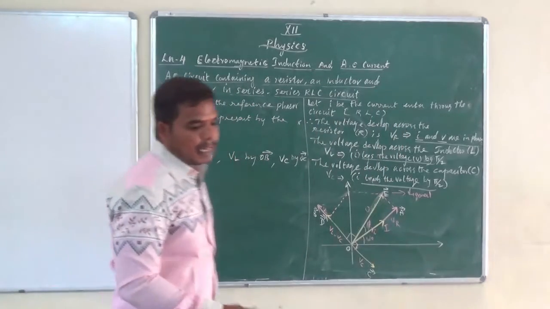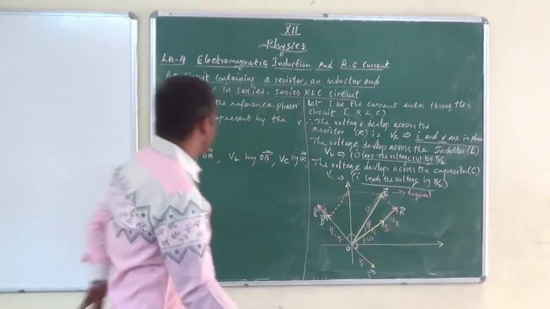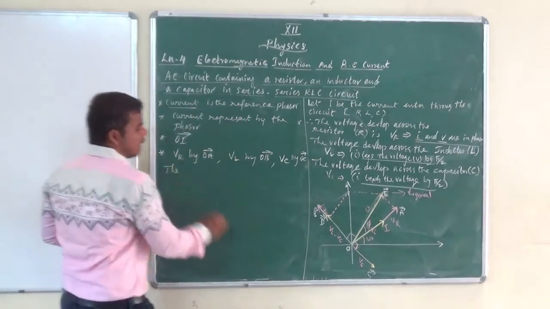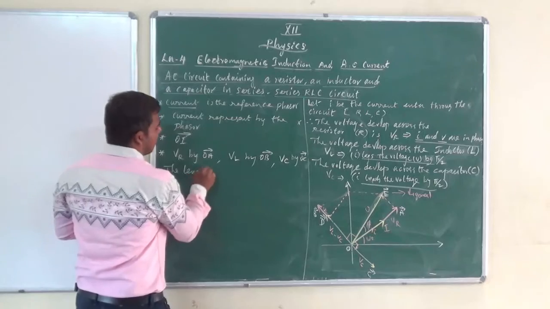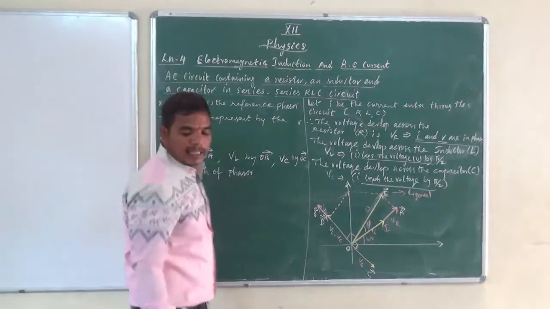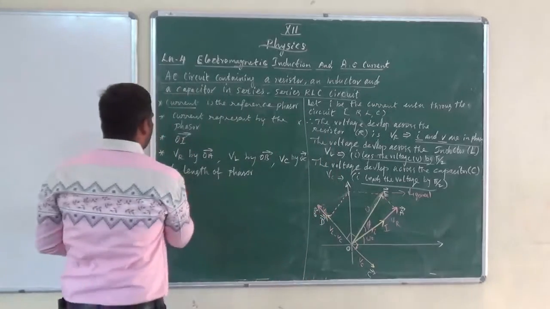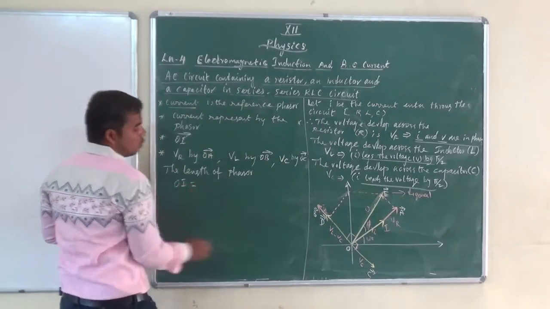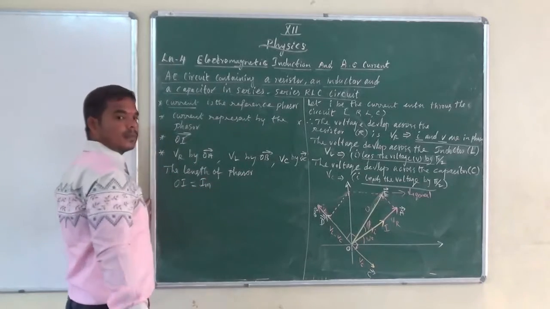The length of the phasor can be written as follows. OI is nothing but Im.